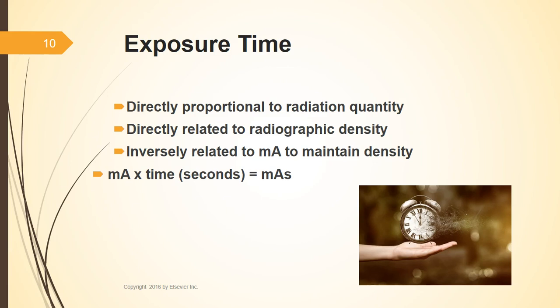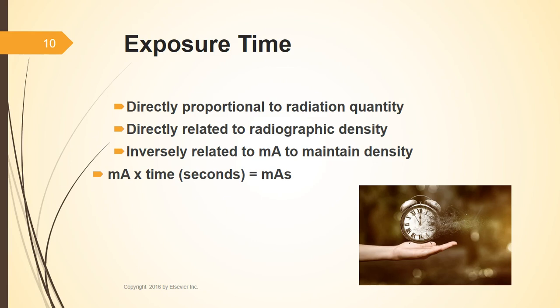Time is directly proportional to radiation quantity, directly related to radiographic density, but it's inversely related to MA to maintain density, which put those two together, MA times time is mass.